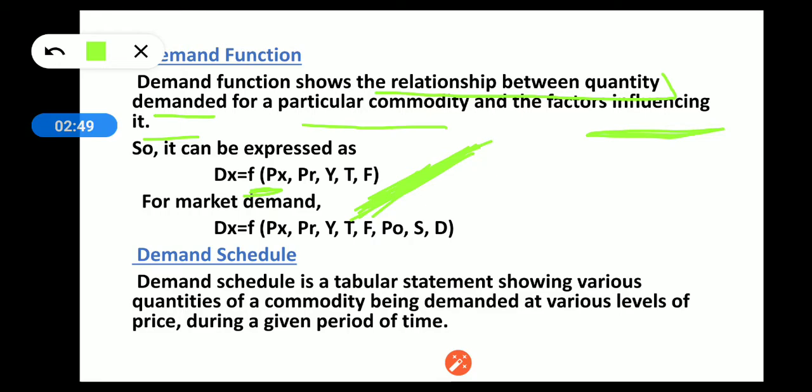As I discussed earlier also, if it is expected that price would rise in the future, then also demand increases. And one very famous example that we took was the price of onion. When price of onion started increasing and people expected that the price would rise in the future, they started demanding more and more.